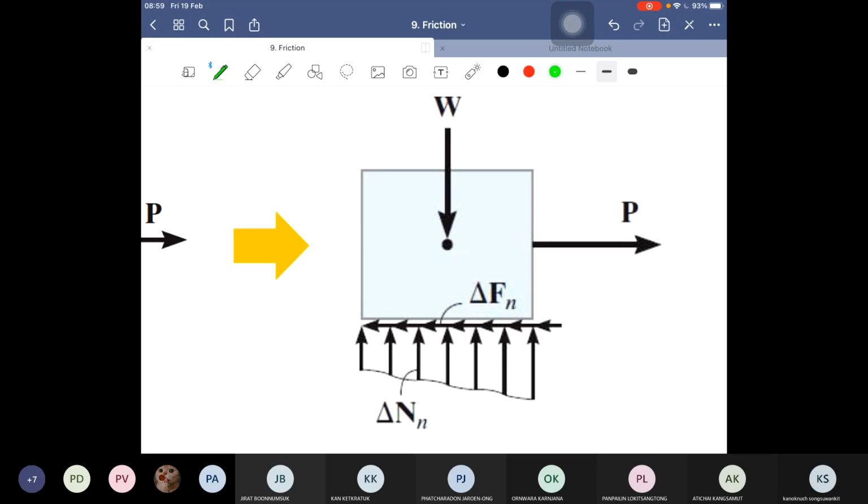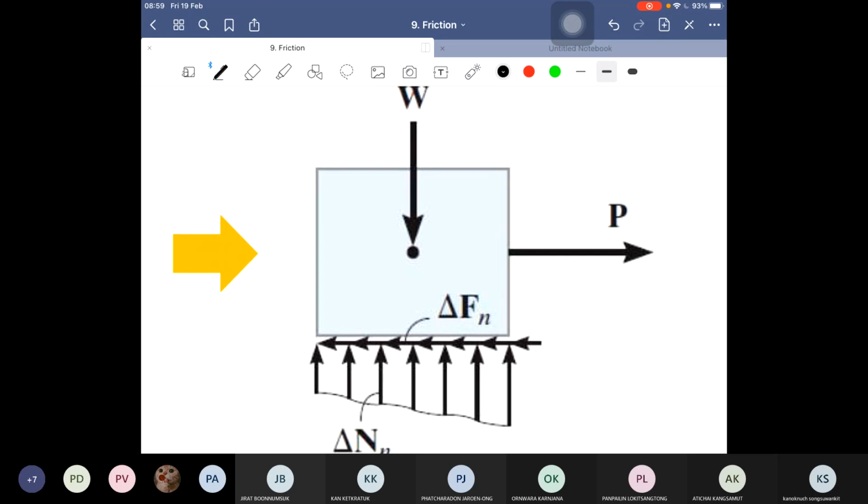Okay, so let's consider this figure first. If this box is not moving yet, then this system is in equilibrium, so we can consider it using the equilibrium equations. It's a coplanar system, only xy, so sigma Fx equals 0 and sigma Fy equals 0.